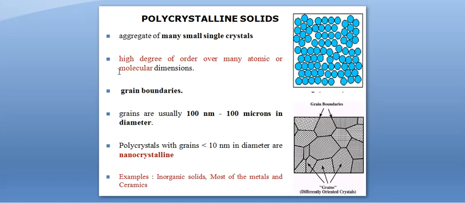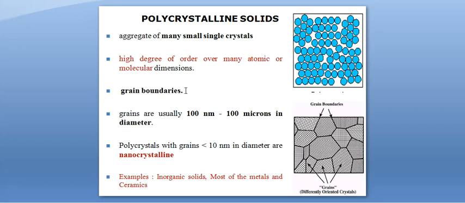Next one, polycrystalline solids. Polycrystalline solids have grain boundaries. In each grain, the atoms are arranged in a periodic manner. The grains have a size in the range of 100 nanometers to 100 microns.